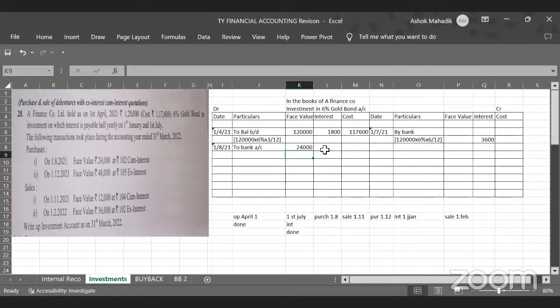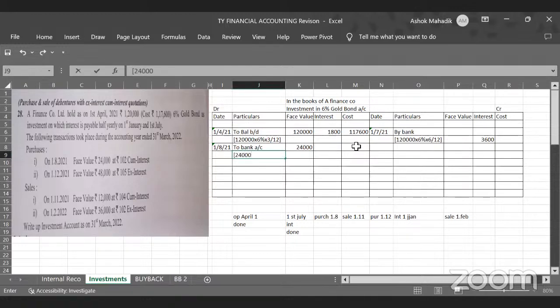So whenever a cum interest price is given, always remember to first calculate interest and then put the cost value. Whenever cum interest is given, it means that the cost value of 102 includes the interest amount. So let us calculate the interest of this transaction. What is the face value? 24,000.